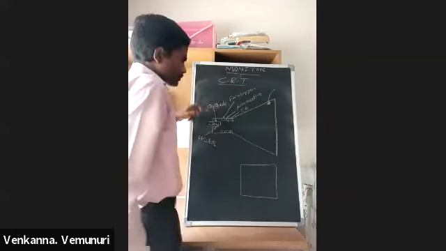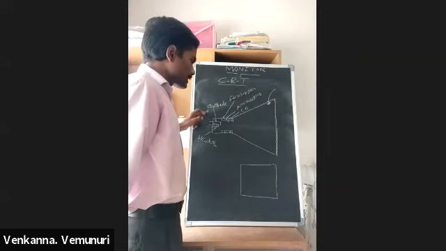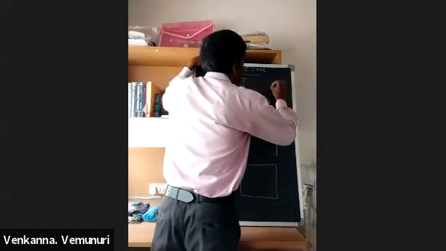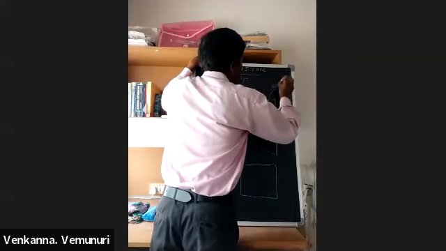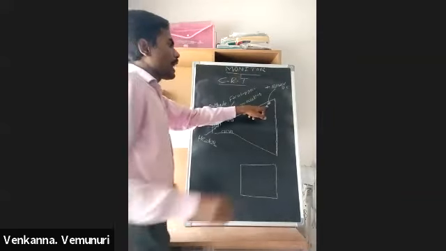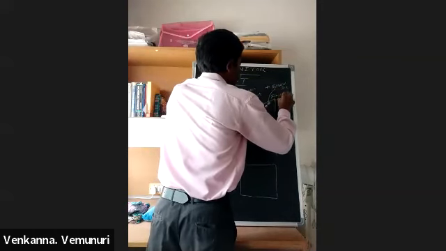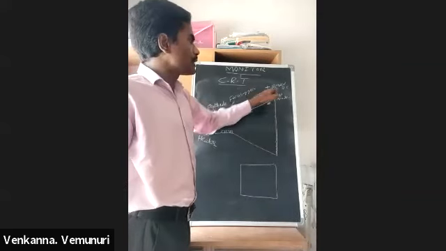If this picture tube is a black and white picture tube, here we are applying 18,000 volts DC positive supply. This is called final anode, and here we are applying 18,000 volts DC.